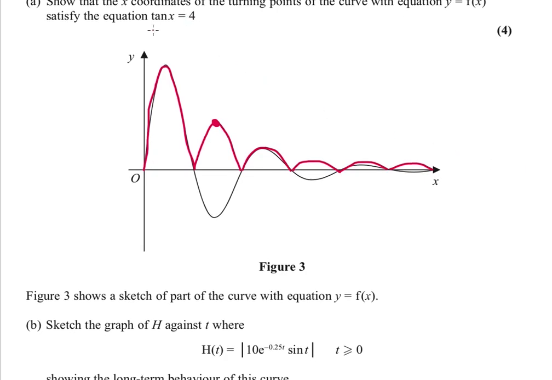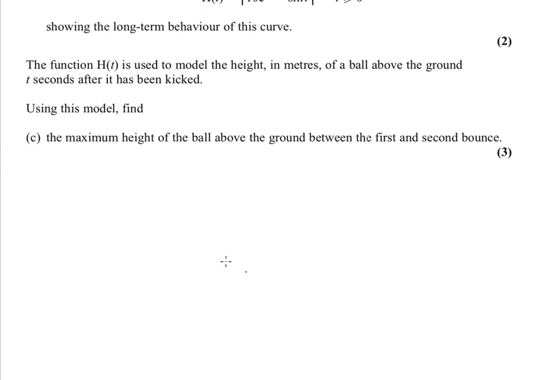So we're going to use the tan x equals 4 from the previous part and solve that, but we're interested in the second positive solution. So x will be the inverse tan of 4. We need to make sure that we're in radians for this because anything to do with differentiation and integration of trig needs to be in radians. And that gives me, for the first value, 1.33. We want the second value though.